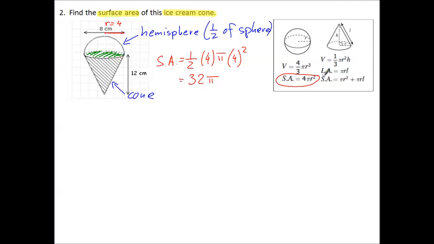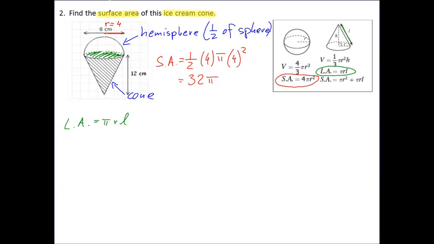And there is the formula for us right here. The lateral area of a cone is equal to pi times r times L, and L again is the slant height. To find our slant height, we are going to draw a right triangle again.